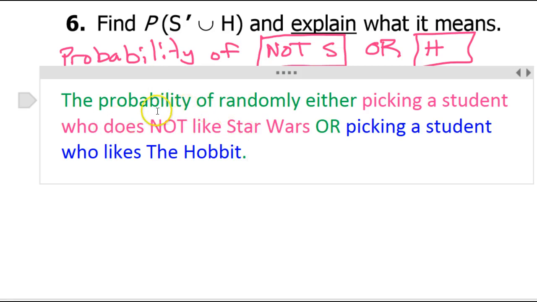Hopefully you can follow this. This means the probability of randomly either picking a student who does not like Star Wars, or picking a student who likes The Hobbit. A student who doesn't like Star Wars or a student who likes The Hobbit. Either one will do.